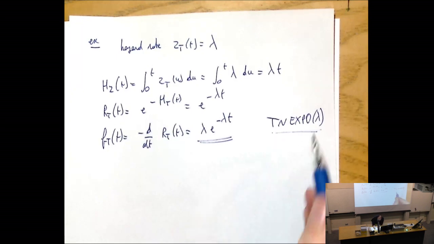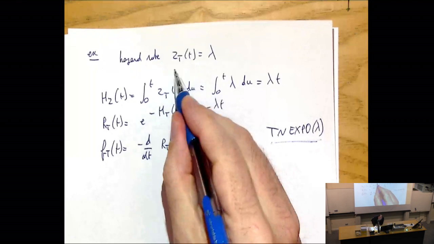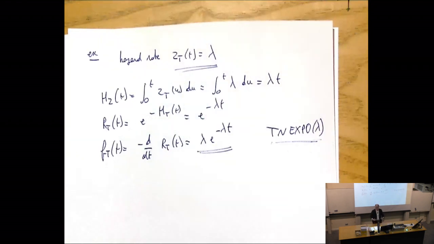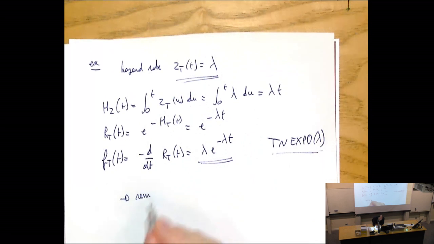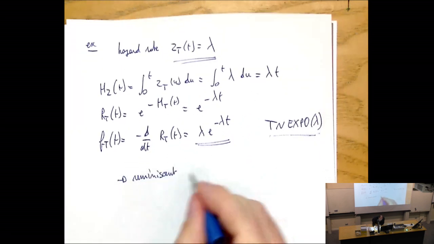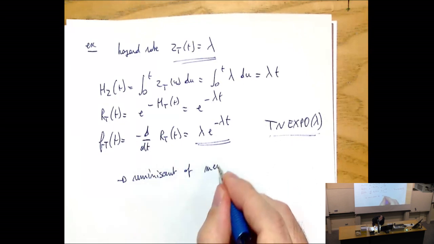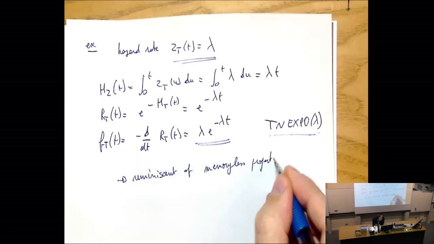And so what that means is if t is exponentially distributed, its proneness to failure is a constant, right? So this is nothing else than reminiscent of the memoryless property that we looked at last week, right?